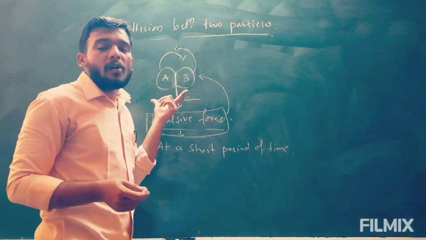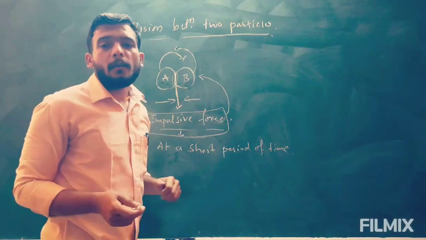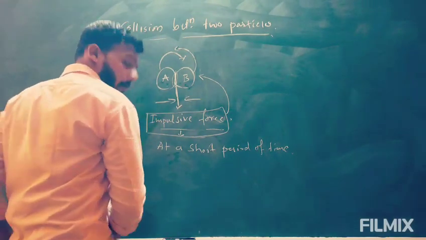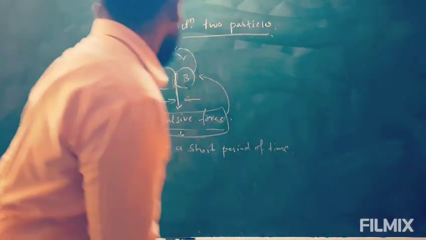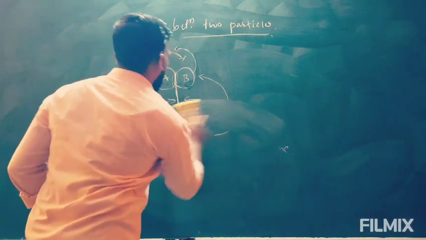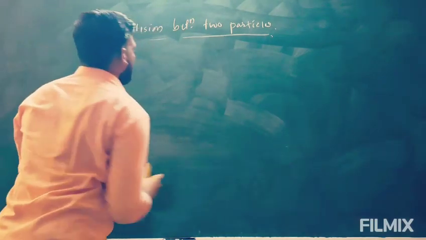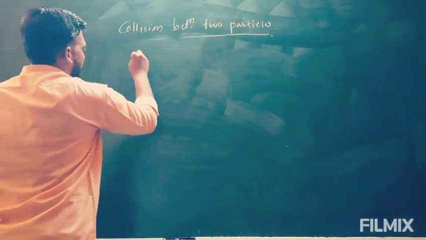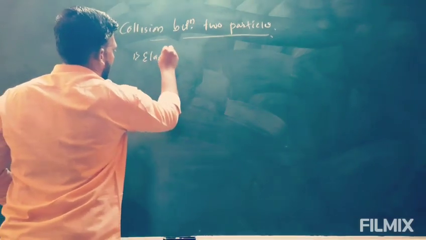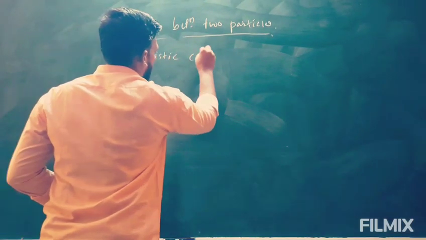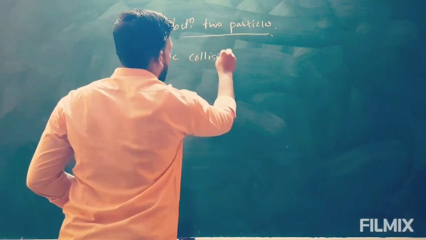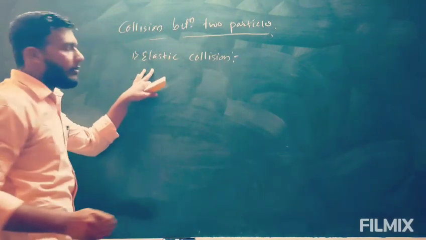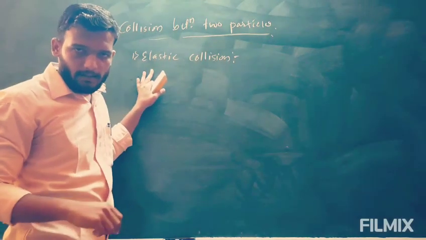Based on this, we classify collisions into two types. What are those two types? The first one is the elastic collision, and the second one is the inelastic collision.